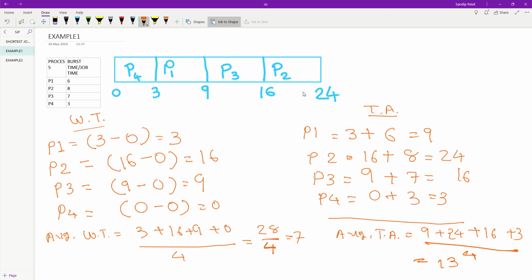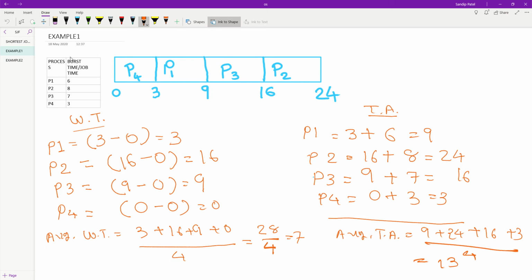This way we are selecting one of the processes among the number of processes using the shortest job first algorithm. How to draw the Gantt chart? See here, that is 3 plus this 6, 9, like this way we are drawing the Gantt chart and calculating the waiting time and turnaround time. So that is SJF example 1, we are completing.